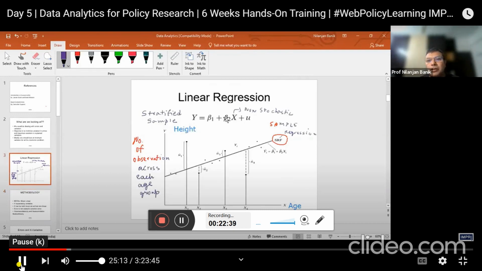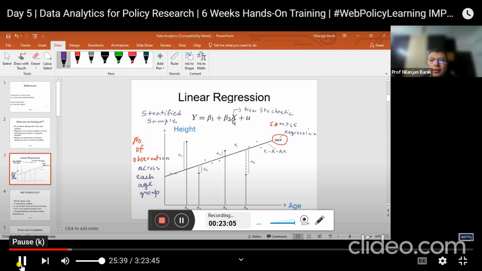If I'm looking at y equal to beta 2x plus u, where u is my error, we have dealt with the idea that x is non-stochastic. It is fixed in repeated samples, and we are drawing x in proportion to what we see in the population. That's what stratification stands for.